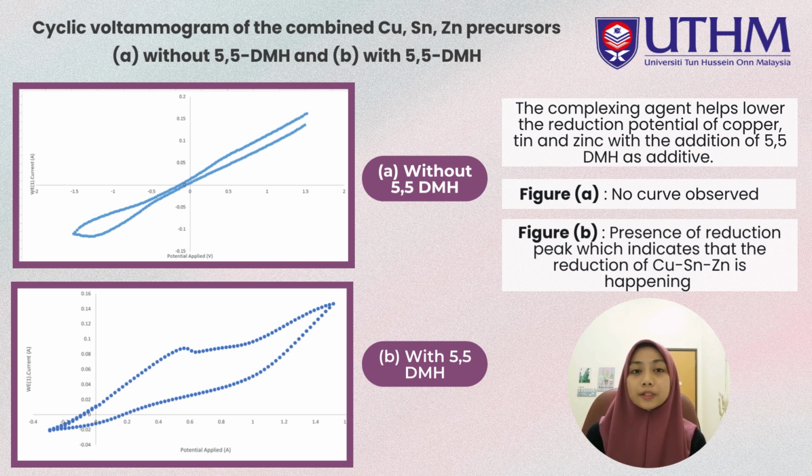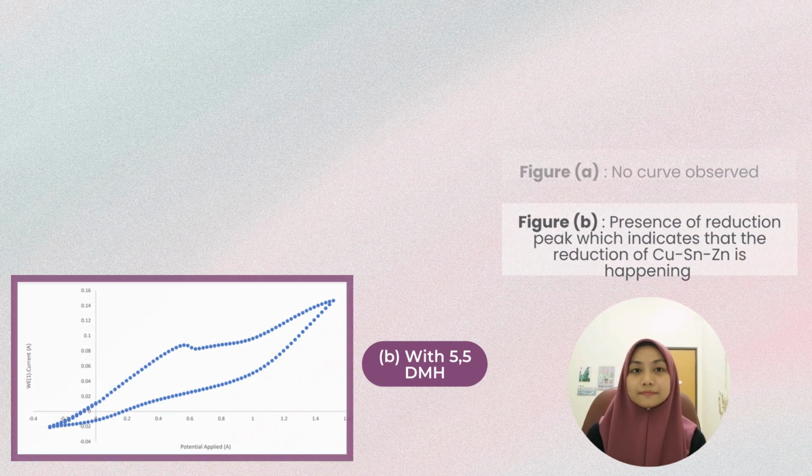As you can see in figure A, there is no curve observed without the addition of 5,5-dimethylhydantoin, which indicates that the reduction happens, but it might be involving other elements besides copper tin zinc. In figure B, there is a presence of a reduction peak, which indicates that the reduction of copper tin zinc is happening with the addition of 5,5-dimethylhydantoin.